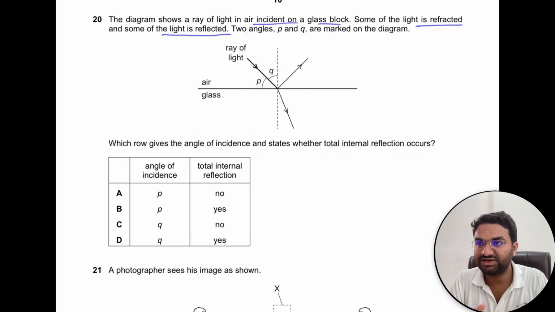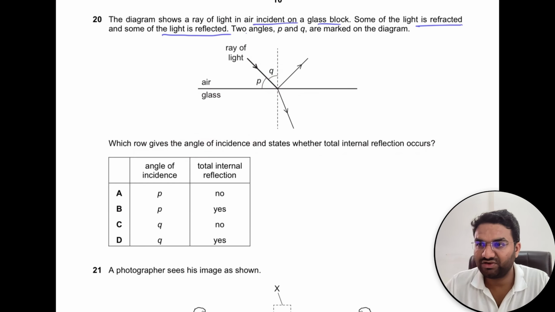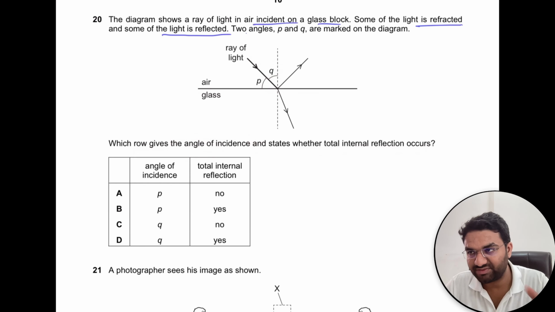Total internal reflection occurs when the light travels from the denser medium to the less dense medium, right? So the angle of incidence is basically greater than the critical angle. Then total internal reflection occurs. So light travels from the medium with higher refractive index to the lower refractive index, isn't it?